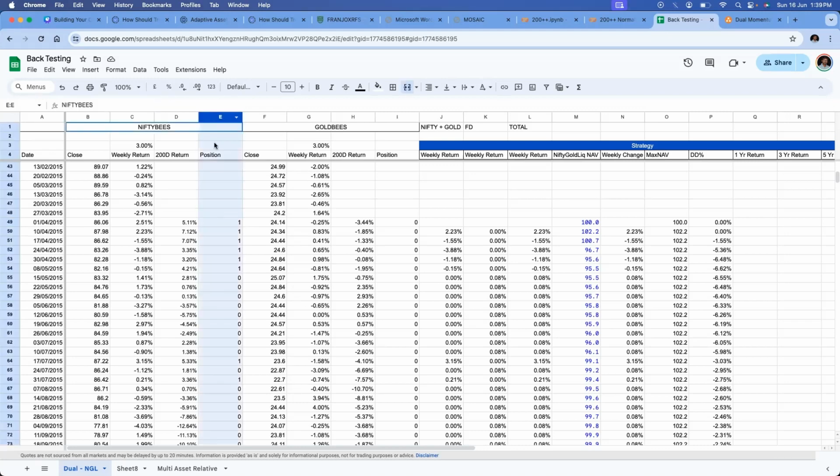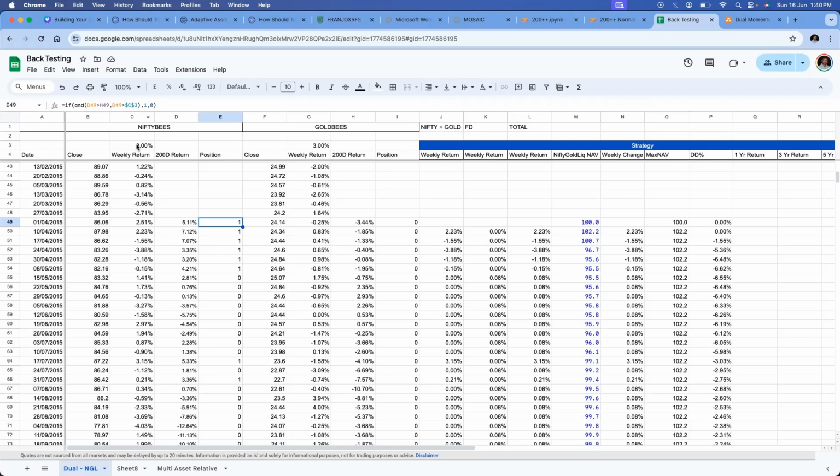Now I'm using another column called position. In this column, the logic that I'm going to write is equal to IF and, which basically means I'm validating two conditions simultaneously. One, D49 greater than H49, which is the Nifty 200-day return should be greater than the gold 200-day return, comma, D49 greater than C3.